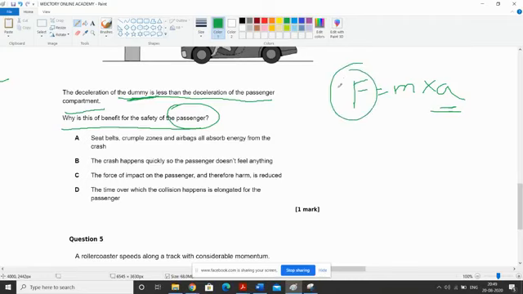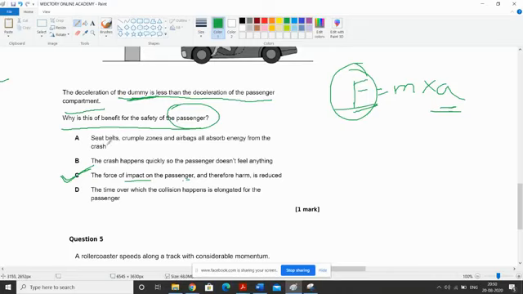So if there would have been a real person over there, the person would have got less force acting on it, and it is good for the passenger. If less force is acting, less injury will happen. So the force of impact on the passenger and therefore harm is reduced. So this is the right answer.